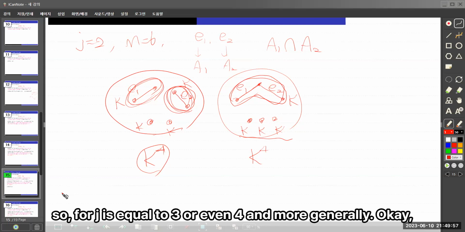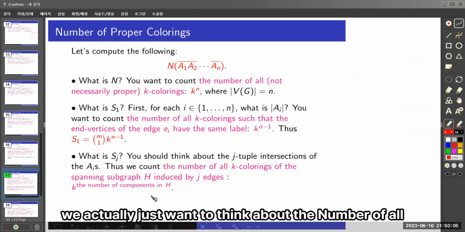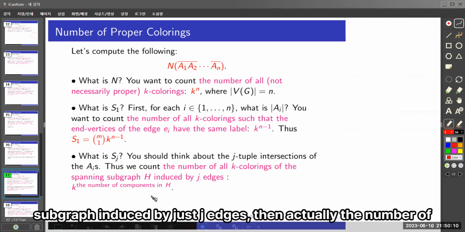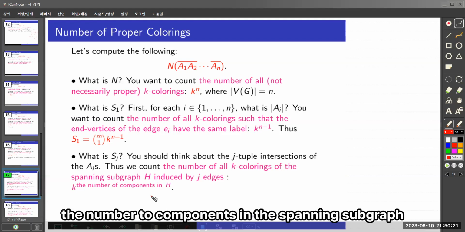So for j equal to 3 or even 4, more generally, we just want to think about the number of all k-colorings of the spanning subgraph induced by just the j edges. Then the number of proper colorings there is k to the number of components in the spanning subgraph.